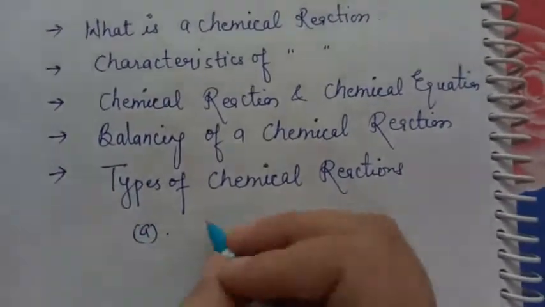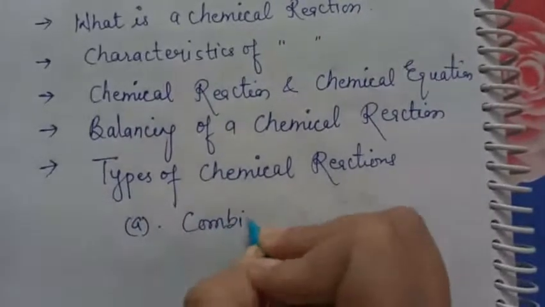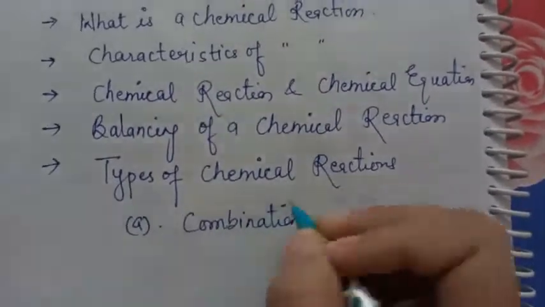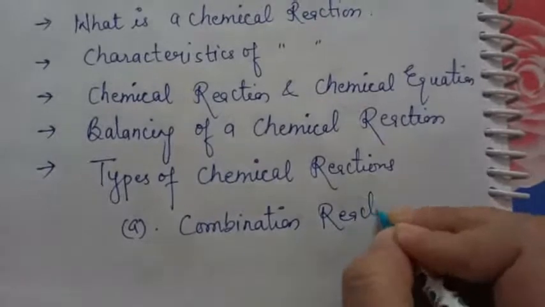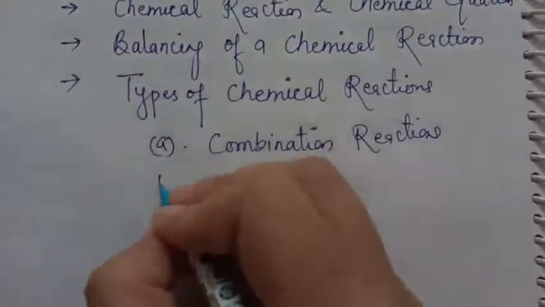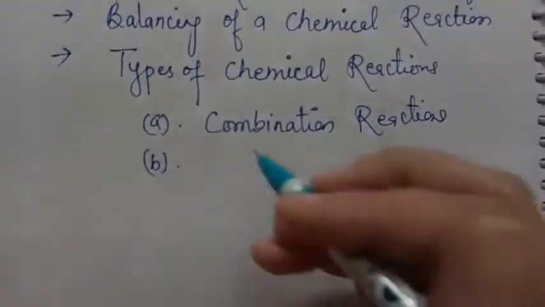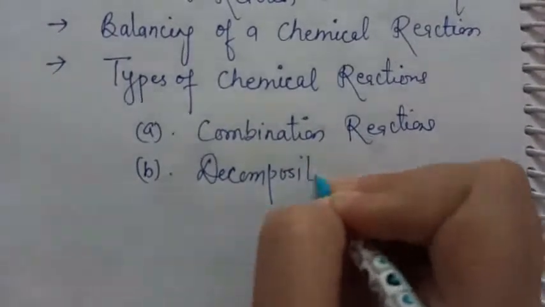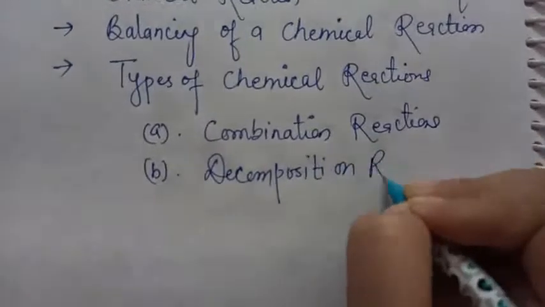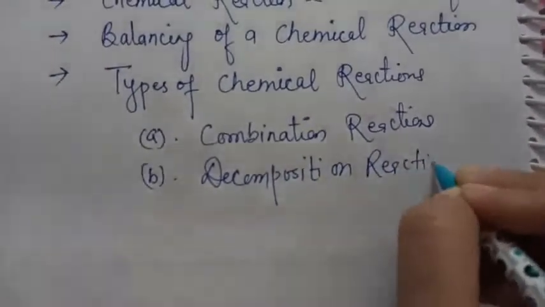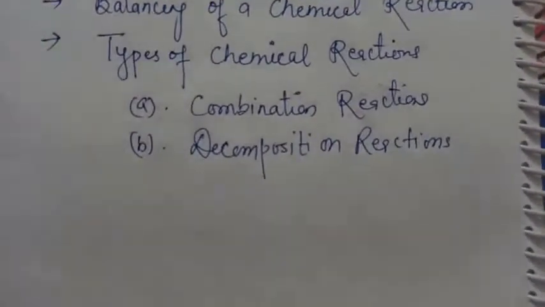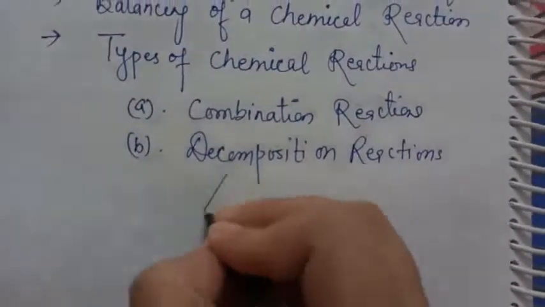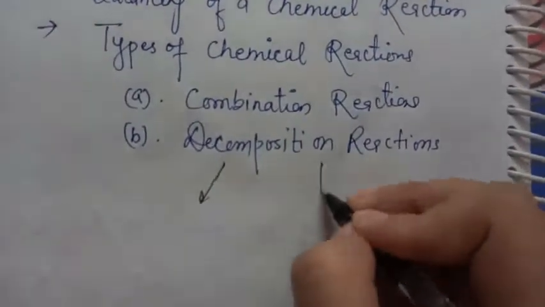The first is called as combination reaction. Then second type of reaction is just opposite of combination, that is decomposition reactions. So under decomposition reactions we will find 3 types of reactions.